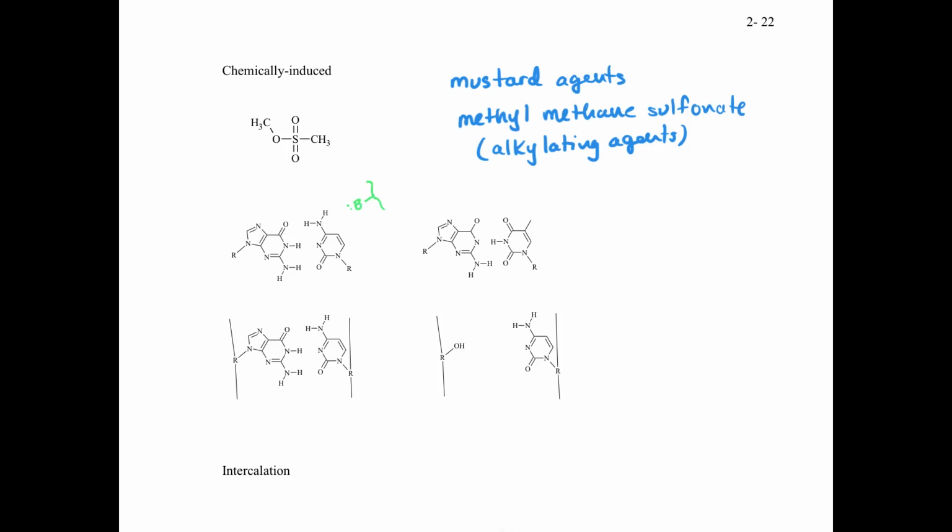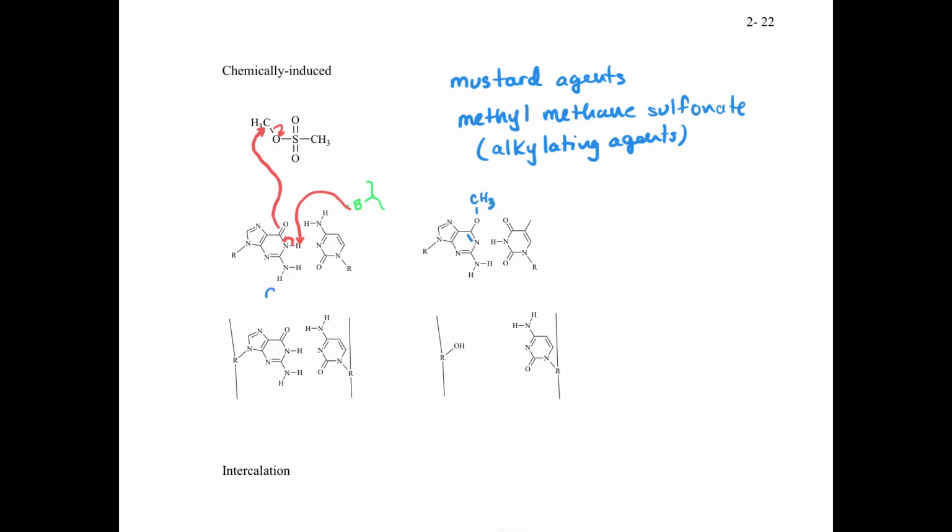But what we're going to see is a deprotonation of a guanine, and that ends up inducing, again, a tautomerization in which this deprotonated nitrogen is going to collapse to a double bond, and the carbonyl here is going to go and attack the methane group right there, and this sulfonate group is going to be a good leaving group. So the product of this reaction is a tautomerized guanine, and it's also methylated over there.